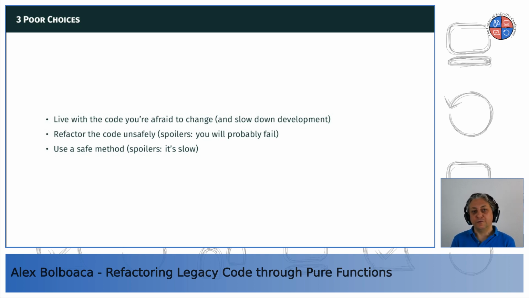And unfortunately, usually this ends up in failure. And by failure, I mean you end up with code that is not necessarily better than what you first had, but also has more bugs than you had before. Or use a safe method, which you need to learn and practice and apply. And it's a method that's quite slow.